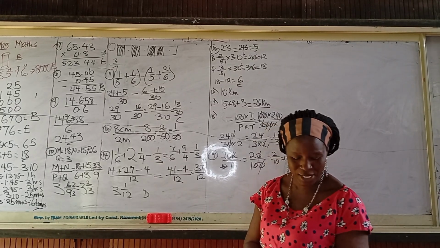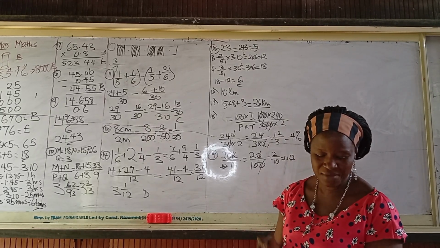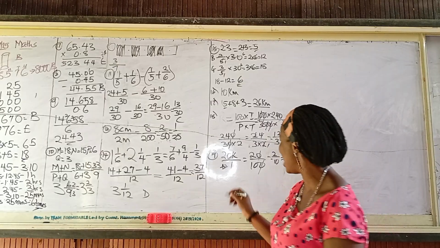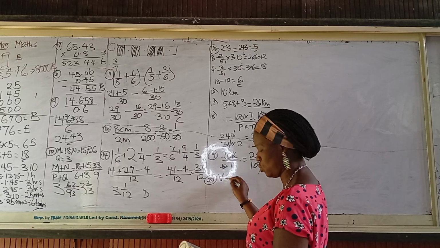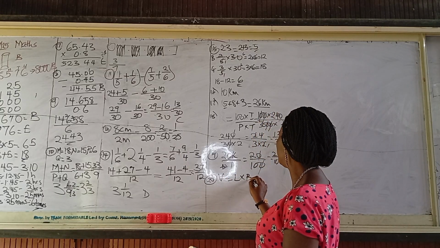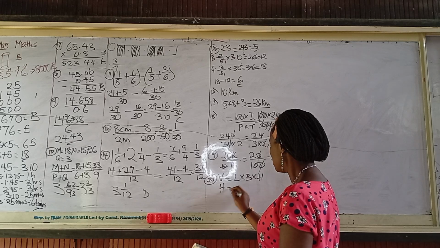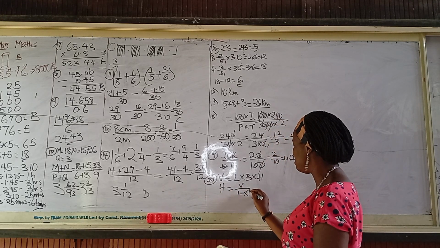So now to number 20 question. The volume of a rectangle solid is 280. If the length is 8 and the breadth is 7, what is the height? The formula to get our volume is length times breadth times height. And we are told the height, so that will be volume over length times breadth.